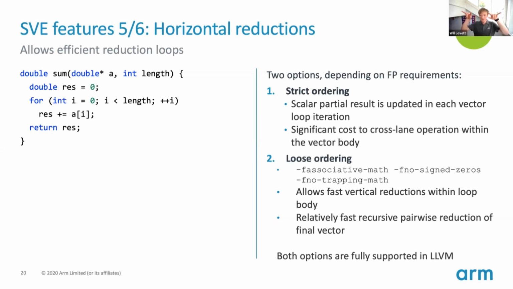That's much faster within the loop because you're not crossing lanes, and that's typically expensive depending on your hardware. And the final collapse into a single scalar value is also more efficient because you can do a tree pairwise implementation rather than having to do it one lane at a time. Okay. So both of these are well supported in LLVM today.